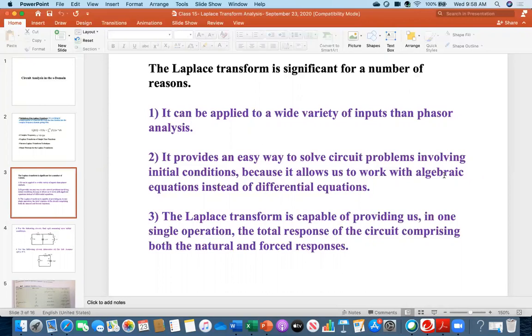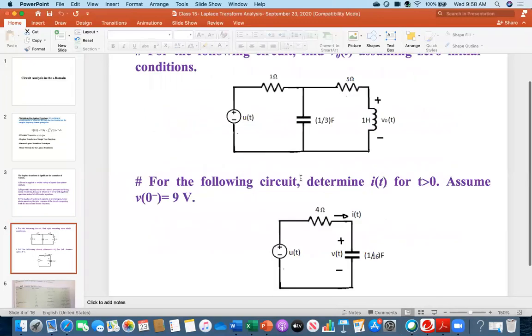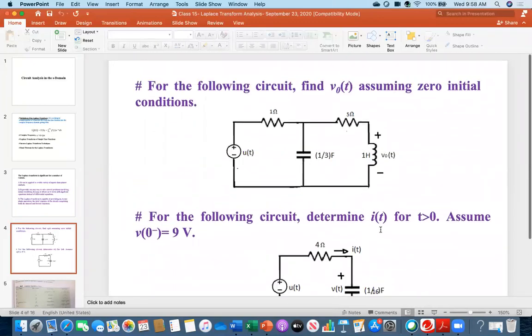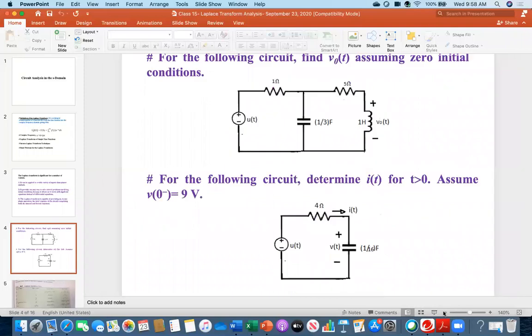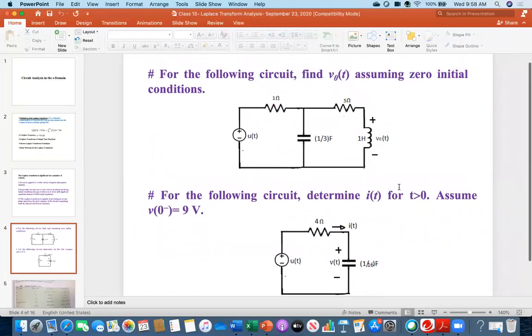Therefore, for example, momentarily, just see this example. You don't need to solve it. First just try to understand what I am saying. For the following circuit, find V naught of t, assuming zero initial conditions. See this circuit: this is 1 ohm, this is 1/3 farad, this is 5 ohm, and a 1 henry inductor.